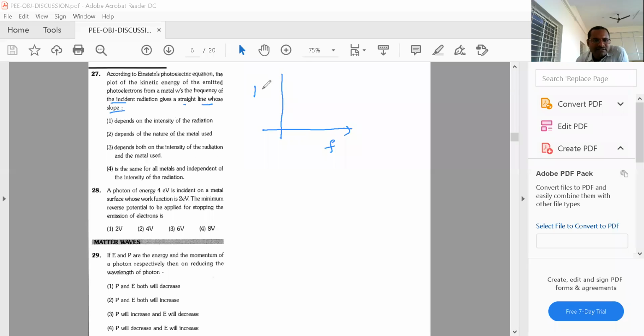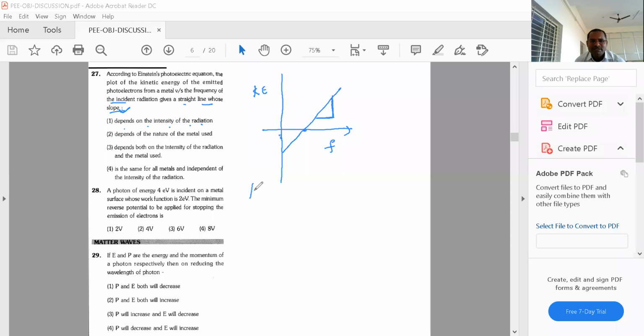If you draw the graph, you will get a graph like this. So what does the slope of this graph give you? The options: depends upon intensity of radiation.